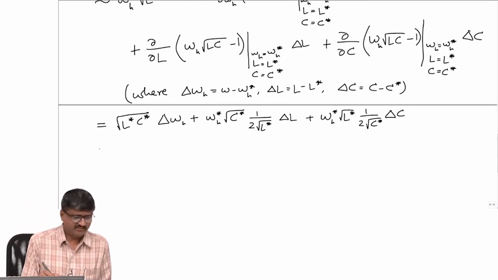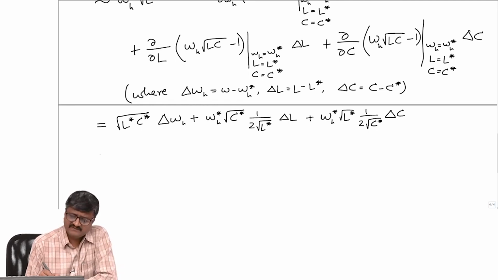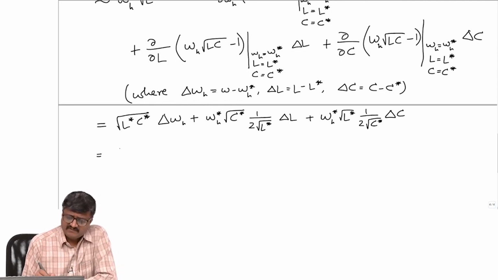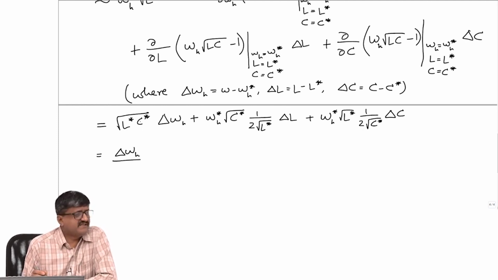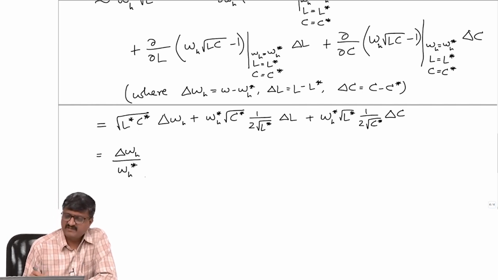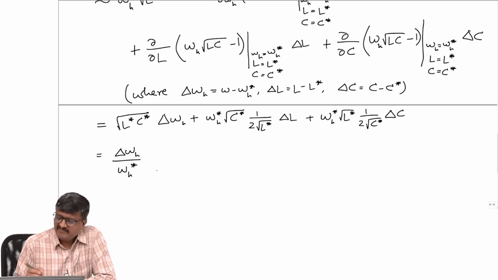Now, let us try to simplify this. So, I will write the first term as delta omega h square root of L star C star, which can be written as omega h star in the denominator. So, square root of L star C star is 1 by omega h star. Then, what is the simplification of the second term?